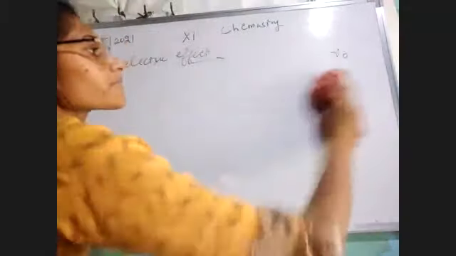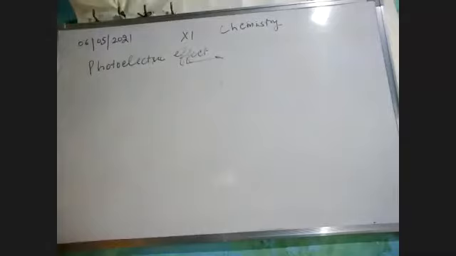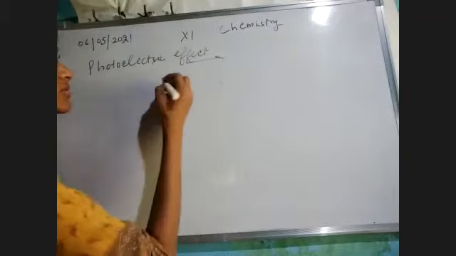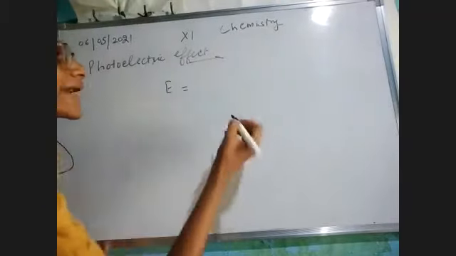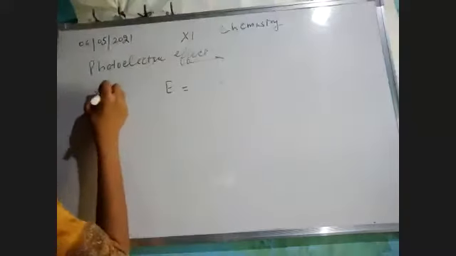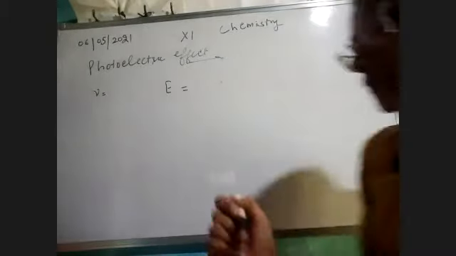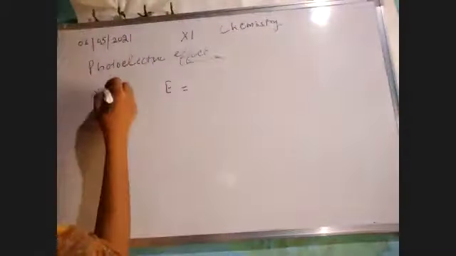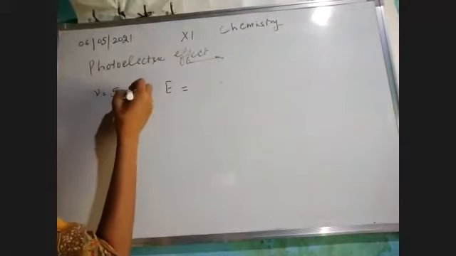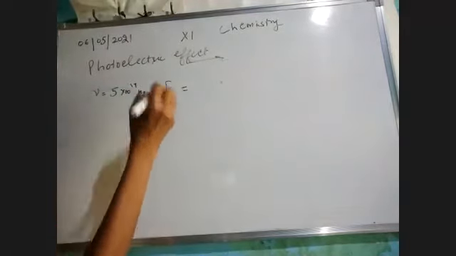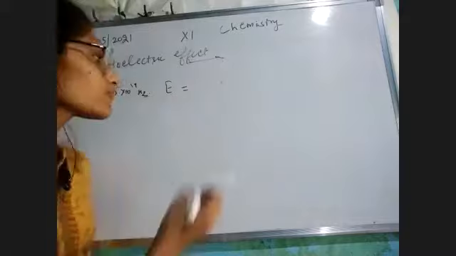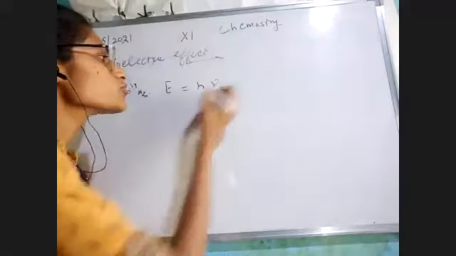Okay, in the numerical we have to calculate the energy E, and the frequency which is given is 5 into 10 raised to power 14 hertz. We know very well our formula, that is E equals h nu.